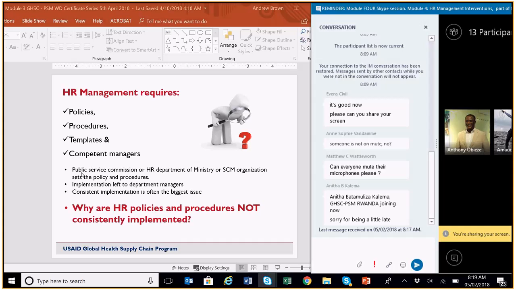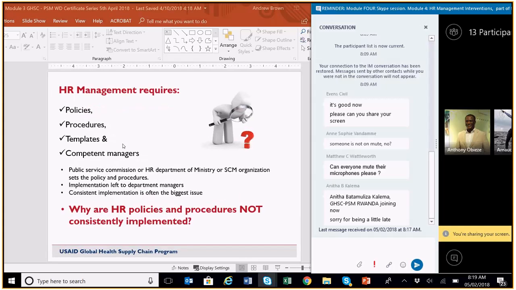So often the Public Service Commission or the HR department or ministry or organisation sets the policies and procedures. The implementation is usually left to department managers, and one of the issues is consistent implementation by managers. I hear in my role lots of people who complain about HR policies and procedures not consistently implemented.